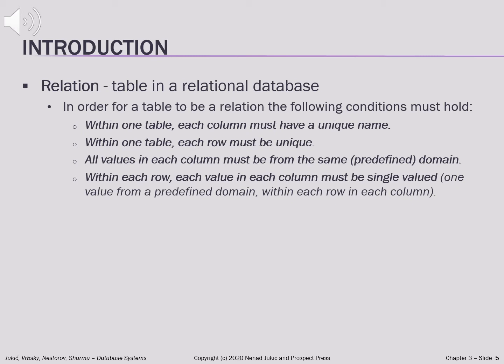Within one table, each row must be unique. All values in each column must be from the same predefined domain. Within each row, each value in each column must be single-valued. Only one value from a predefined domain can be placed within each row in each column.